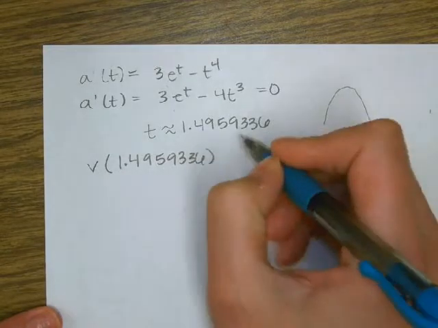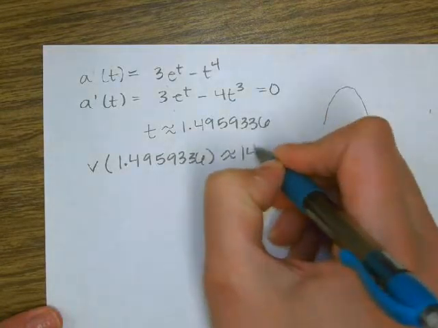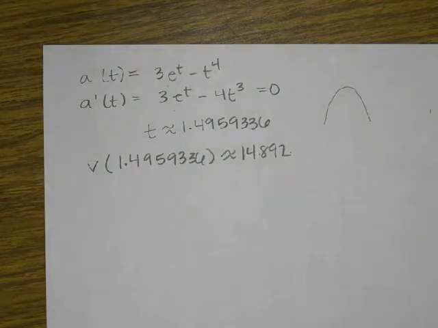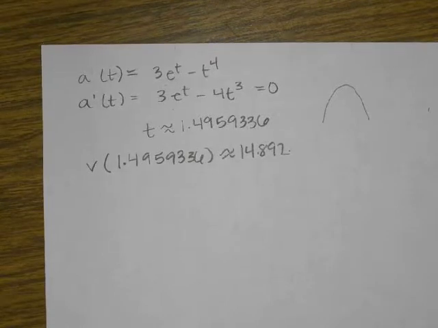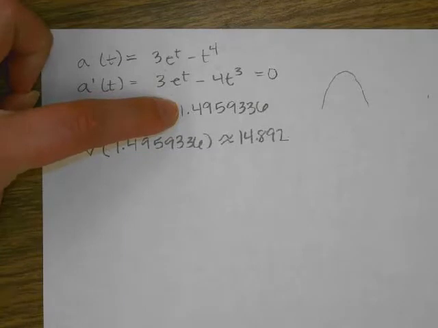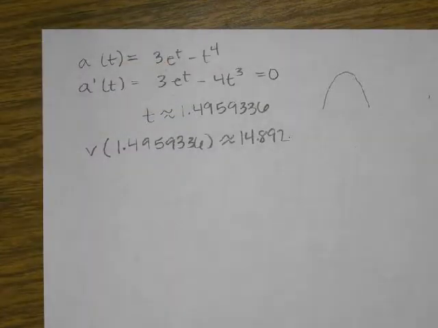And when I did, I got 14.892. And so I just explained that the maximum acceleration was this, and you can explain how you found it. And then I just plugged it in.